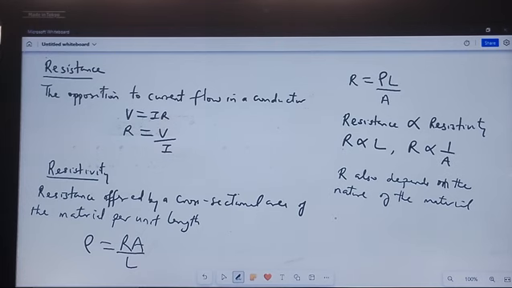R also depends on the nature of the material, and it also depends on the temperature of the material. So I'm going to wipe this off.